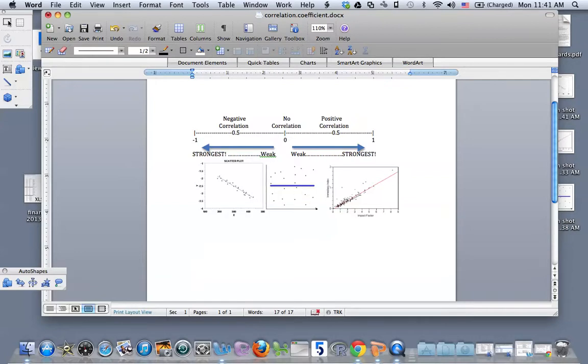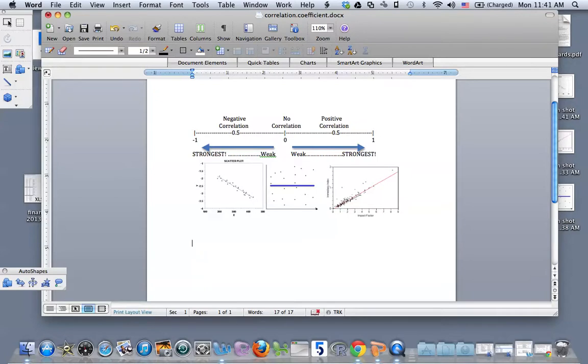So if we were going to say there's a positive relationship between, say, age and shoe size, that would make sense, right? As you get older, your shoe size gets bigger. As age goes up, your shoe size goes up.